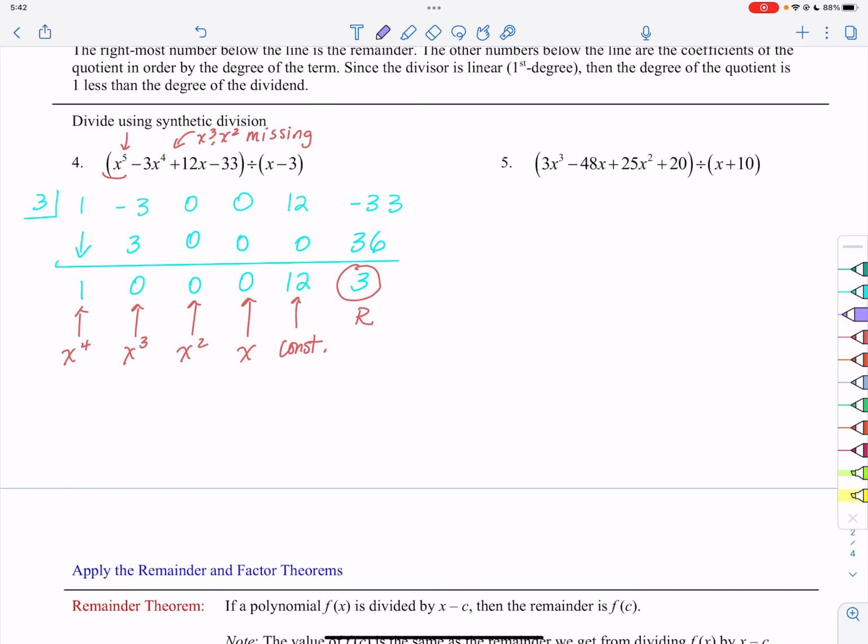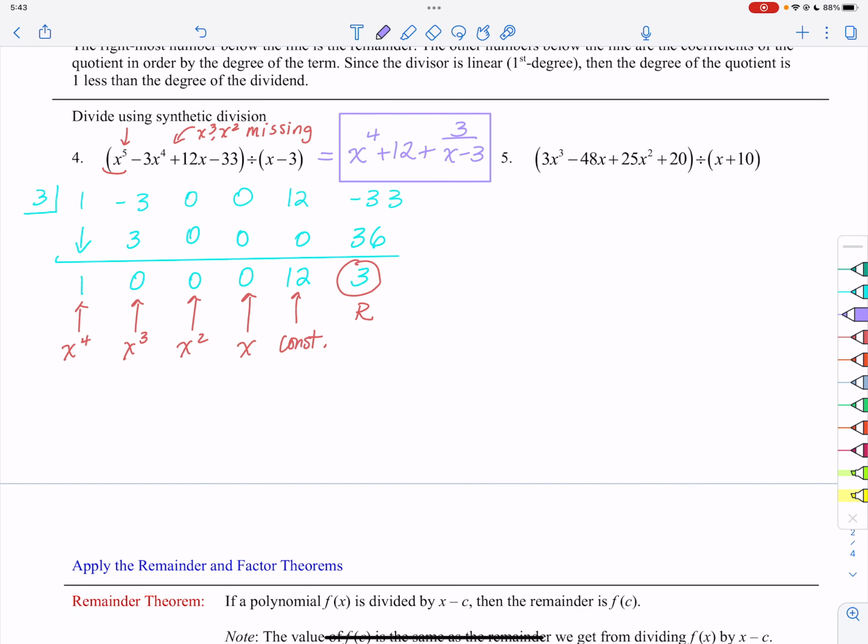This is equal to x to the 4th plus 12 plus 3 over x minus 3. See if I can fix that a little bit and make that a little bit nicer. Okay, that was a good one.